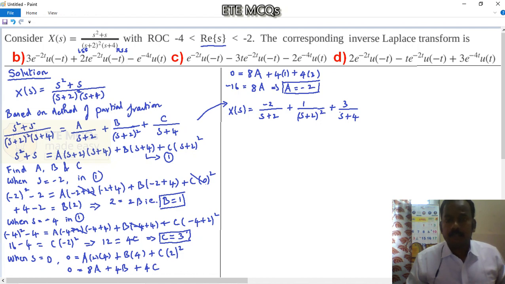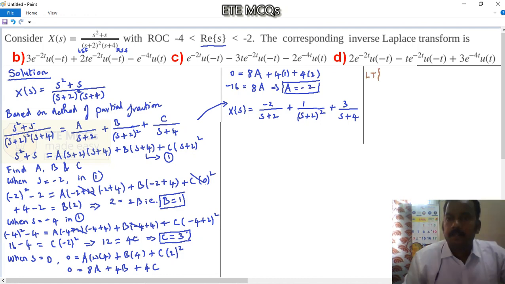Before we take the inverse, as it is said already, the first term should correspond to a left-sided sequence and the second term should also correspond to a left-sided sequence, because each term has two equivalent time domain representations. We are supposed to focus only on the left-sided sequence Laplace transformation. So let me write the Laplace transform of the left-sided sequence that is associated with this partial fraction.